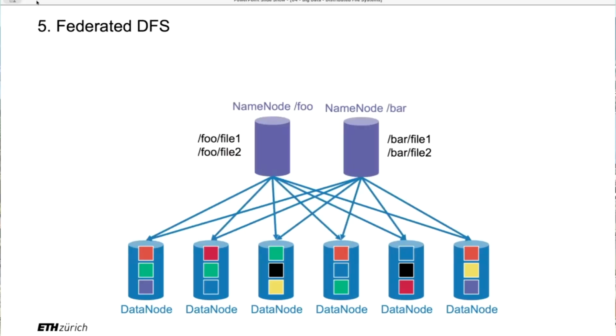Okay. And finally, we have one more fancy thing, which is called federated HDFS, federated distributed file system. Here, maybe the best way to explain it is, who of you have already installed Linux in one way or the other on your machine, right?